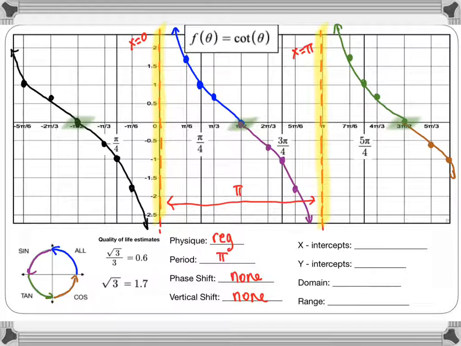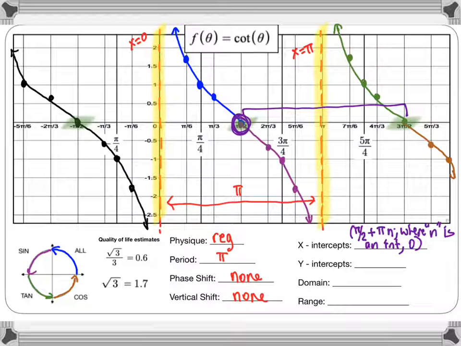X-intercepts: if we take a look at the first positive x-intercept, which is pi over 2, we write it as pi over 2 plus the distance to the next x-intercept, which is just pi, since we haven't shifted or moved it around any. So pi over 2 plus pi n, where n is an integer, comma 0.